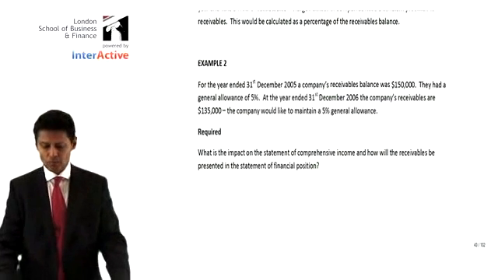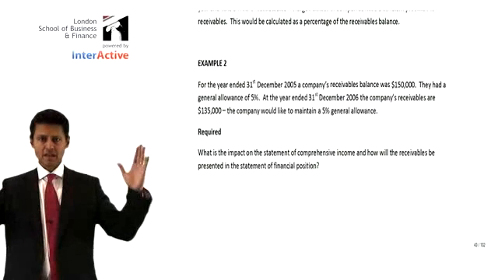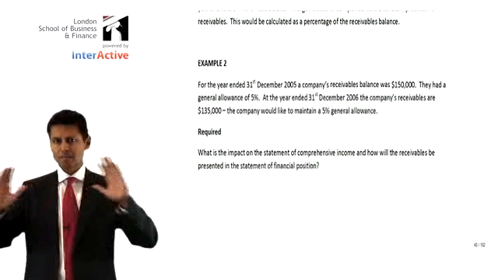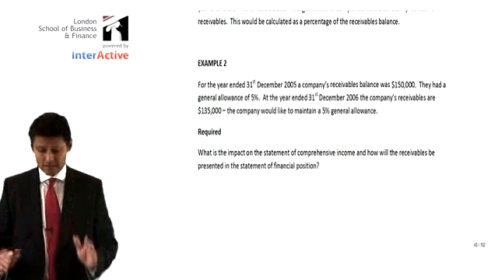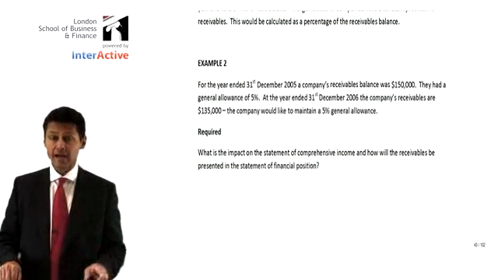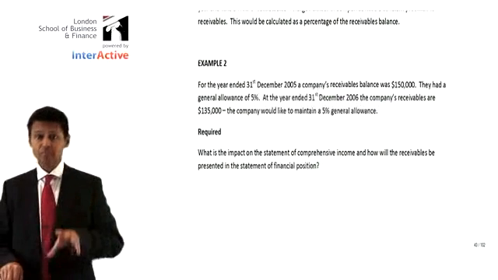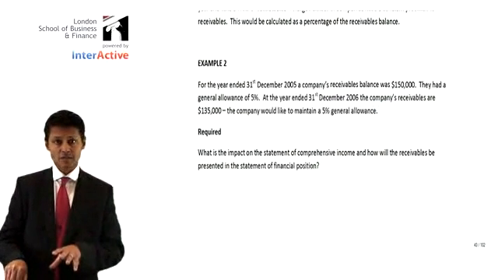So don't forget what's happening here. You have a huge figure for receivables. Some of it has been written off as a bad, irrecoverable debt. What remains at the end of last year is 150,000. 5% on 150,000 is 7,500.